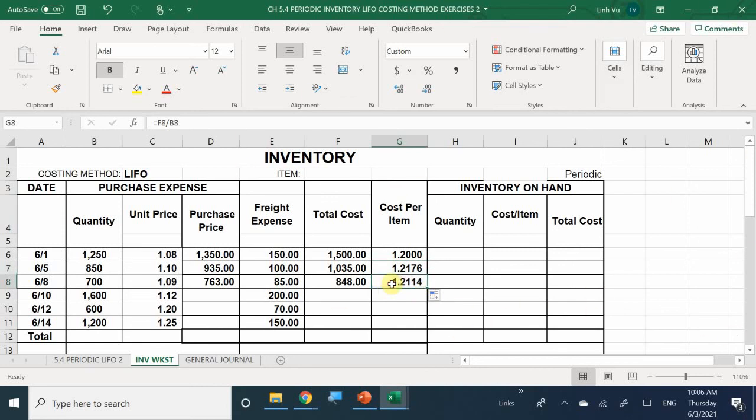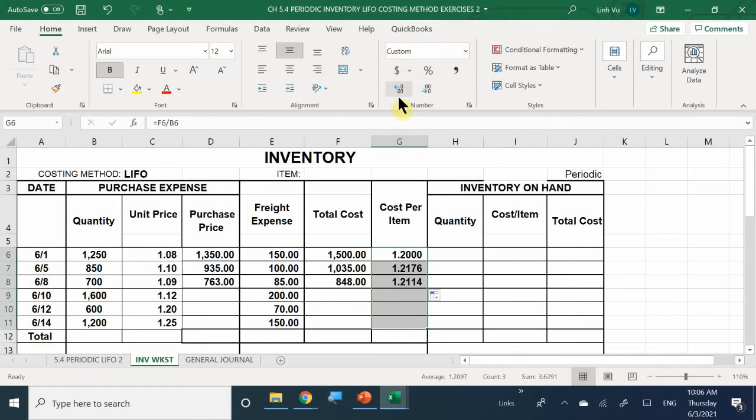How are you getting the unrounded number? The unrounded number is because I'm not rounding it to the nearest penny. That's this right here. You're going to highlight these cells at the top of the window, under your ribbon where you can format your cells.